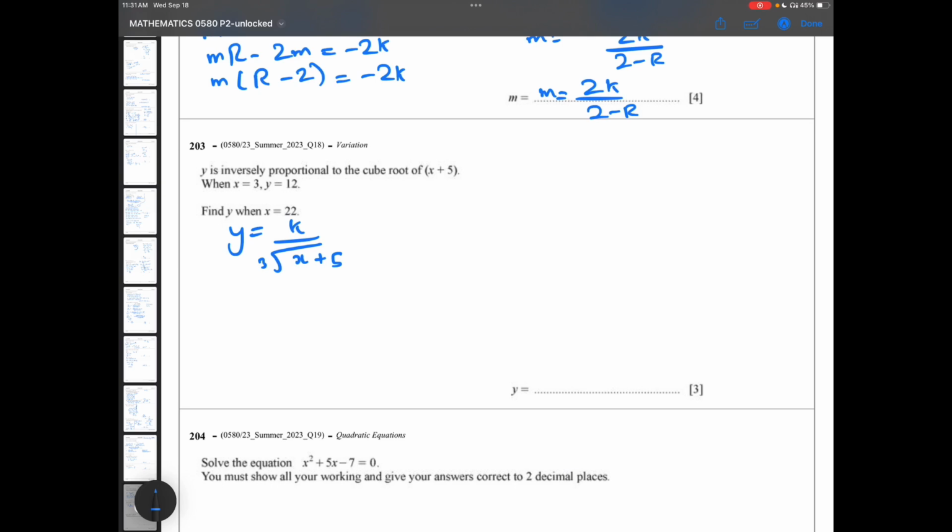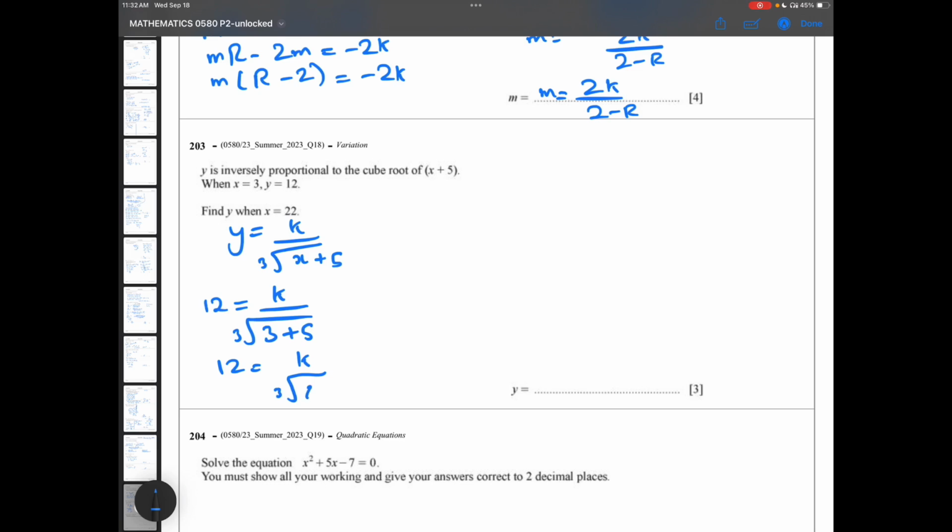Now x is 3 and y is 12. Let's place the values of x and y to get the value for our constant k. In place of y, I will write 12 and in place of x, I will be writing 3 plus 5. 12 is equal to k upon cube root of 3 plus 5, which is 8.